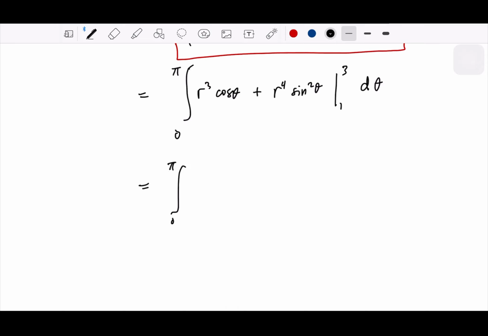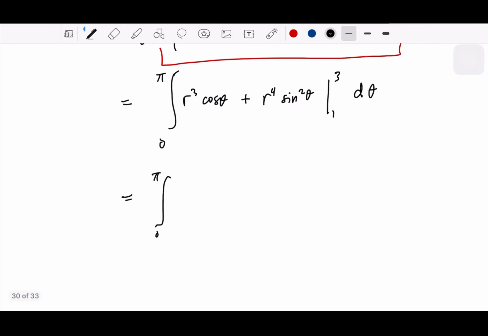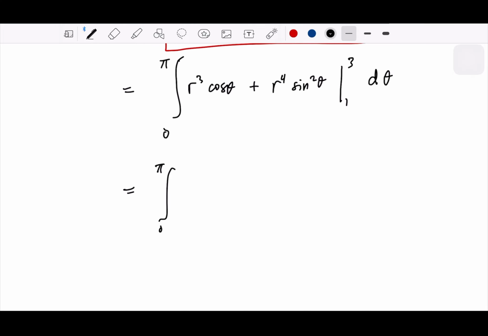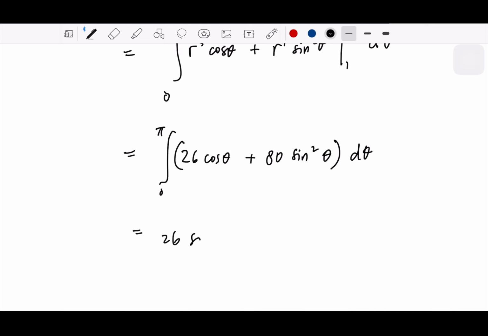Sorry, my Apple Pencil battery seems to be at 0, but let's continue. So this will be 26 cos theta, plus 81 minus 1, which is 80, sine squared theta, and then this d theta. We should get 26 sine theta, and then we change sine squared to 1 minus cos 2 theta over 2.